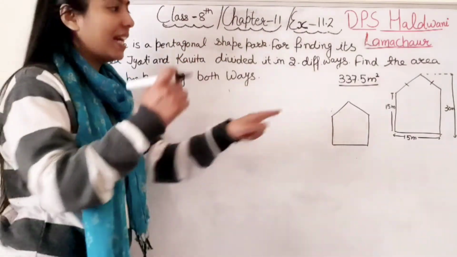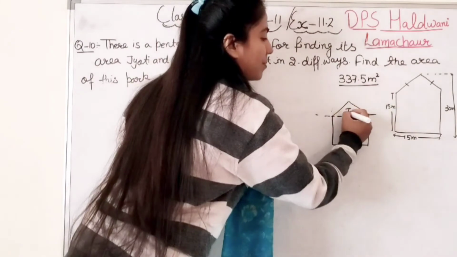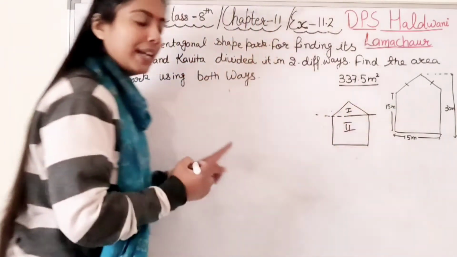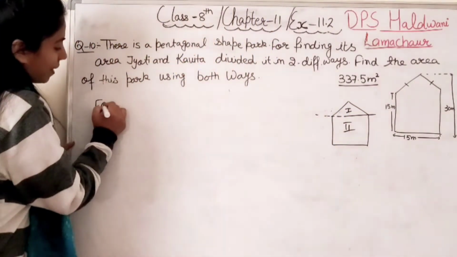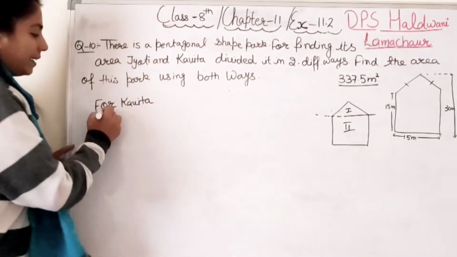For Kavita's diagram, Kavita has divided in this manner. One is a triangle and one is a square. Right? So you will write as per Kavita's diagram.